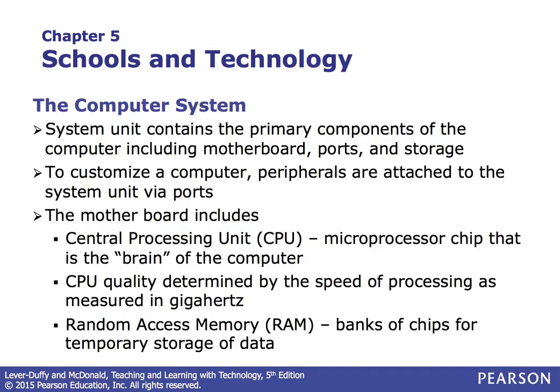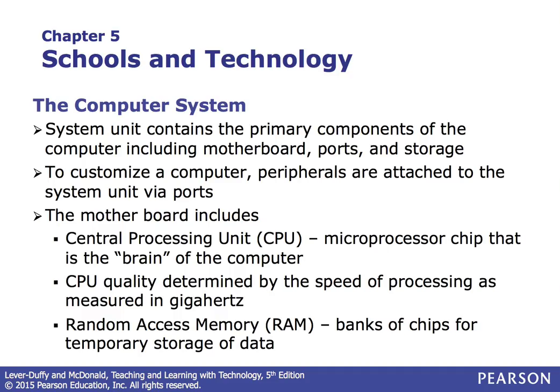Generally, customized computer peripherals are attached to the system via the ports, like I said, printers, monitors, those types of things, mice. The motherboard includes the big thing, which is the CPU, the central processing unit.